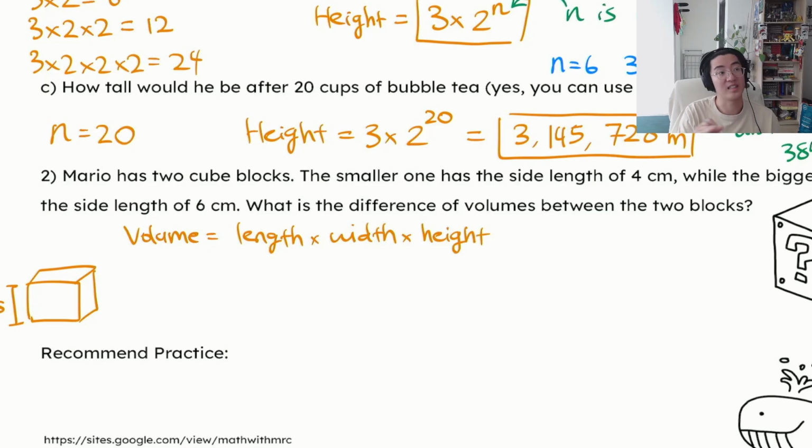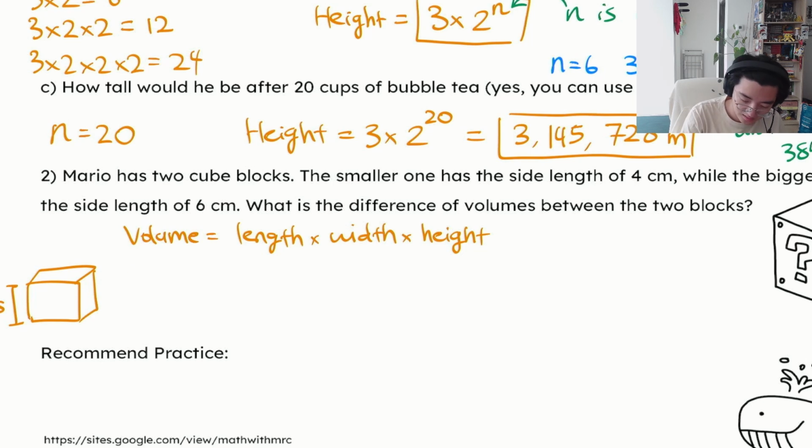Pretty much just all the side lengths multiplied together. That's what the volume is. But in the case of a cube, by definition, a cube has the same side length on all sides.